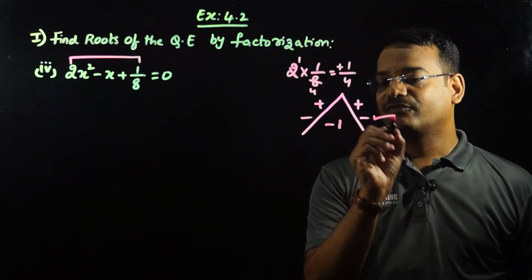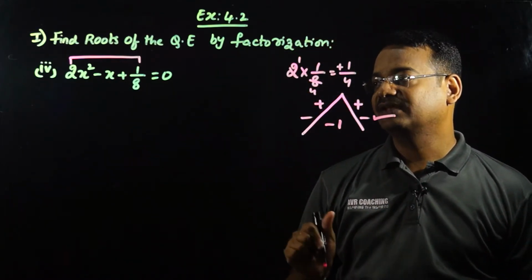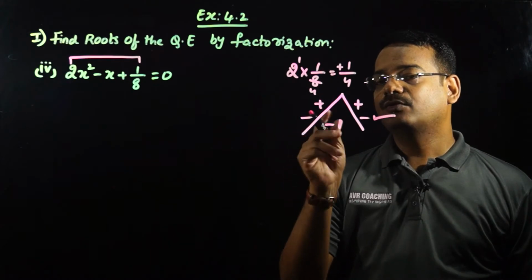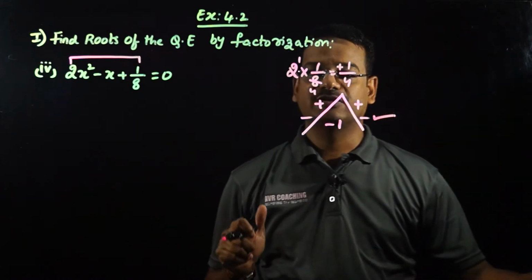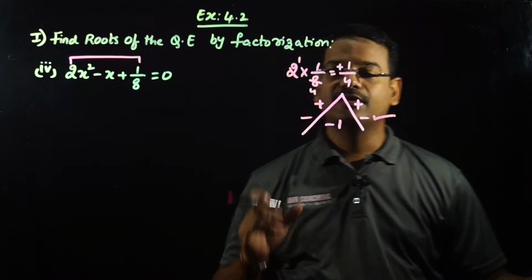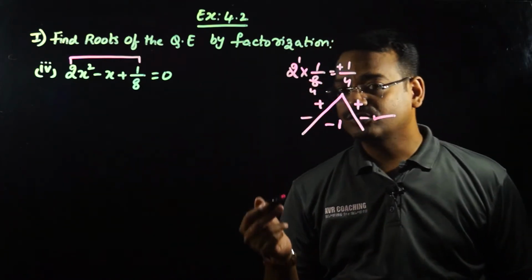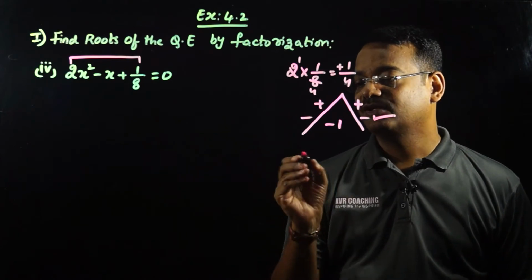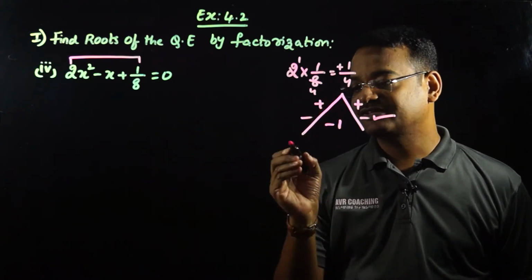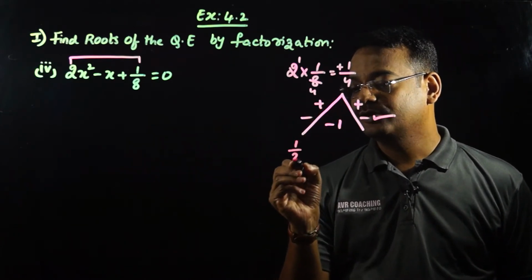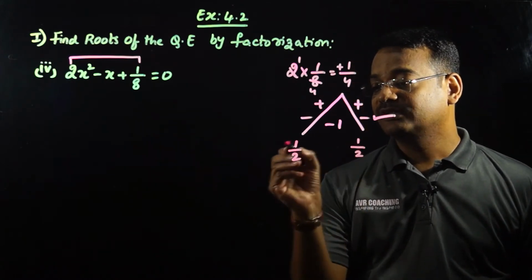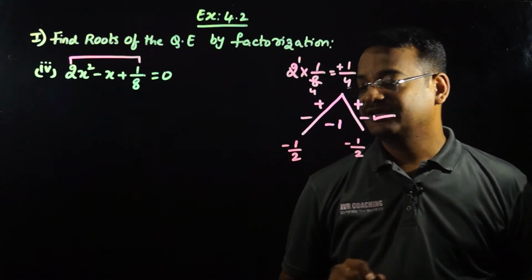So we are going to take minus into minus. Now we are going to select those two terms such that when we multiply those two terms, we will get 1 by 4, and when we add those two terms, we will get minus 1. So the only option is, because it's a fraction, 1 by 2 into 1 by 2, that is minus 1 by 2 into minus 1 by 2.